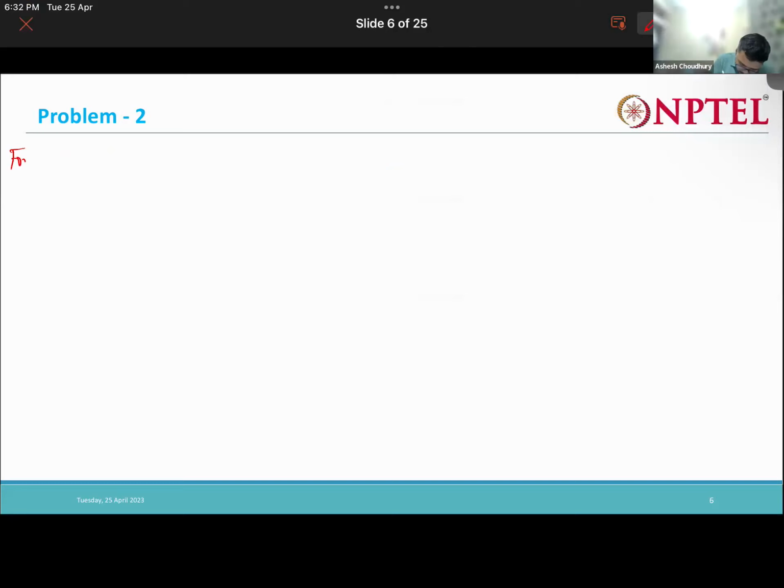We write here force, kilonewton, moment arm, meter, and we have moment, kilonewton meter. The first one is our P1.